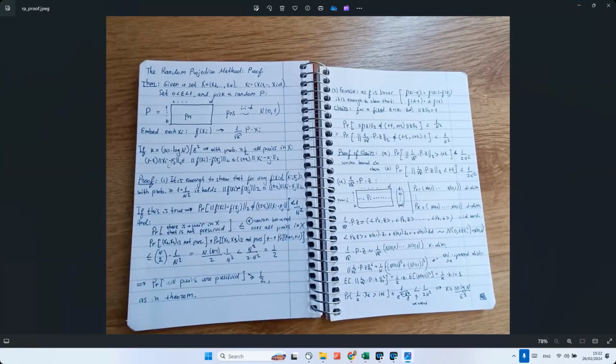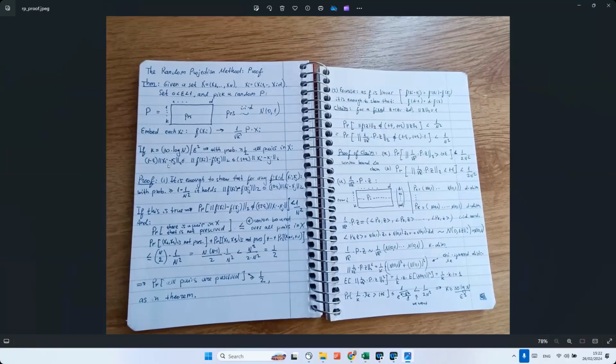Okay, so now we have a slightly different claim. We have to show that for a fixed pair in our data set X, some specific xi, xj, the probability that it is preserved is very, very high. This is what we want to show. And now I argue that instead of considering a specific pair, we can consider just a vector.